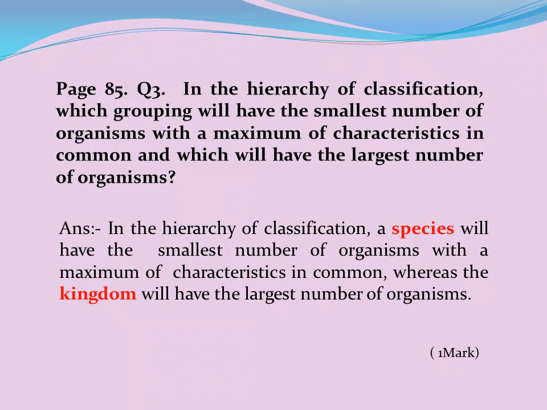In the hierarchy of classification, which grouping will have the smallest number of organisms with a maximum number of characteristics in common and which will have the largest number of organisms? Answer. In the hierarchy of classification, a species will have the smallest number of organisms with a maximum of characteristics in common, whereas the kingdom will have the largest number of organisms.